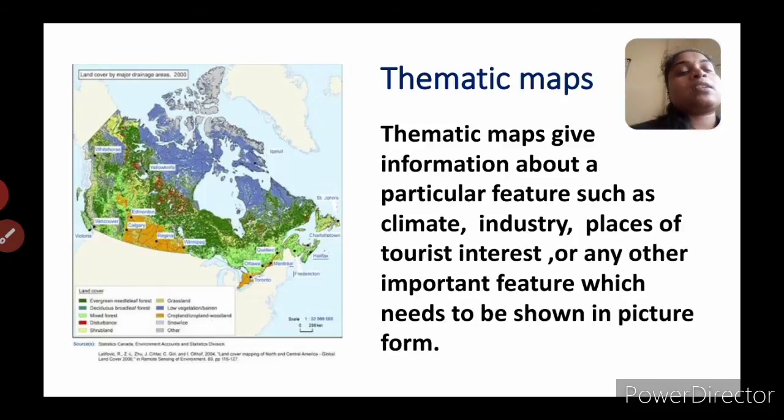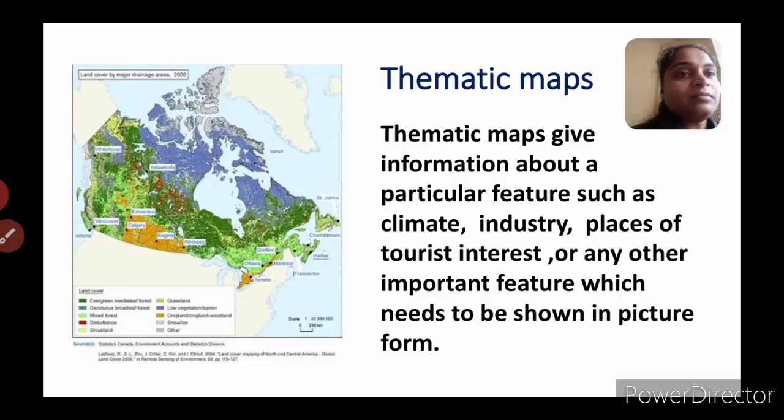Sometimes Google gives us information about the climate, because whoever operates this mobile has made such a map system. So Google shows what is going to happen today at 2 o'clock, that rain is going to fall. People get this information in advance because of these thematic maps.